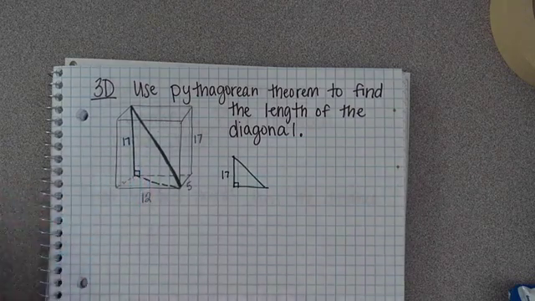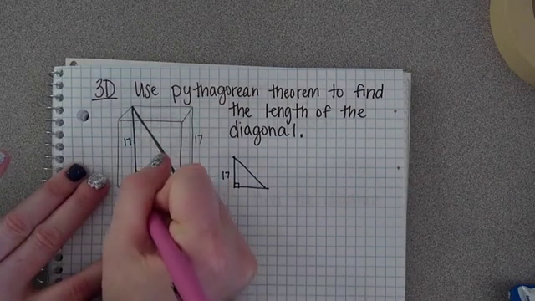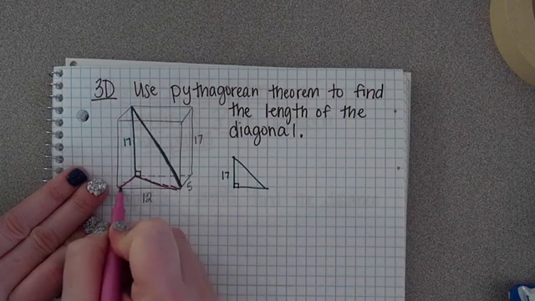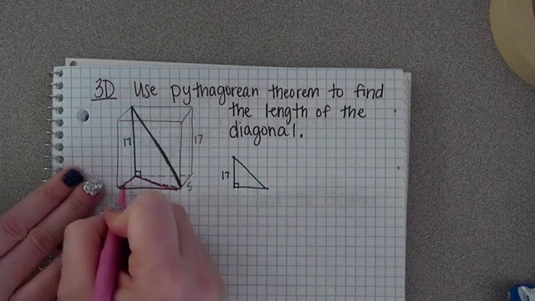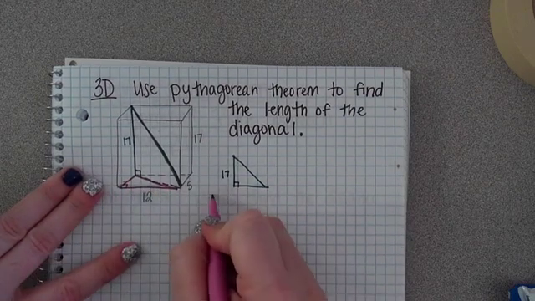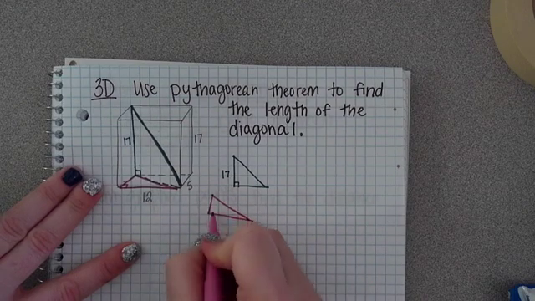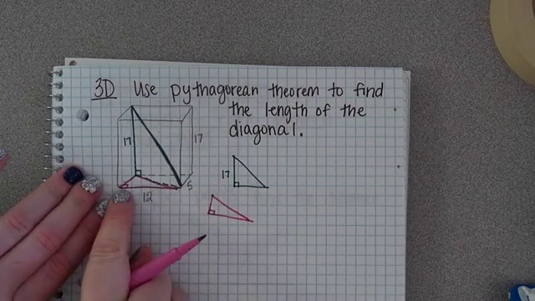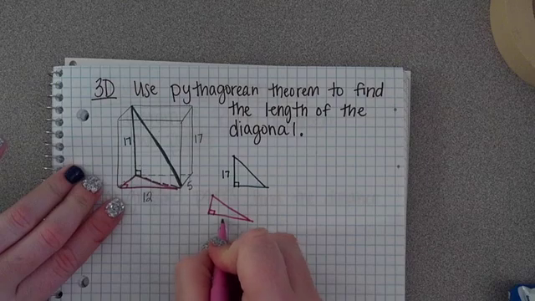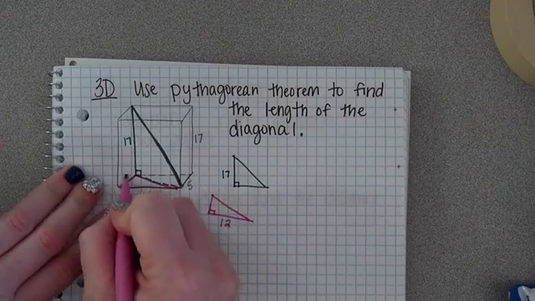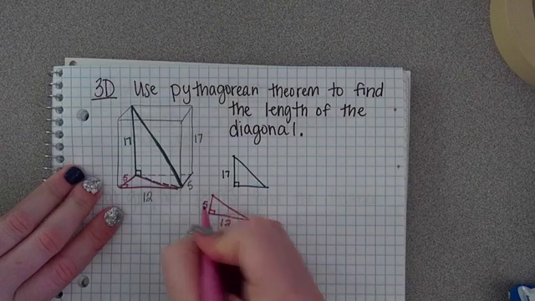We don't know this side, so I'm going to draw this triangle in a different color just so that you can see it. This is a right angle right there. We know that this side right here is 12. This side right here is 5, so this side is also 5.